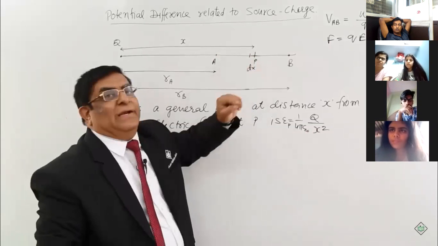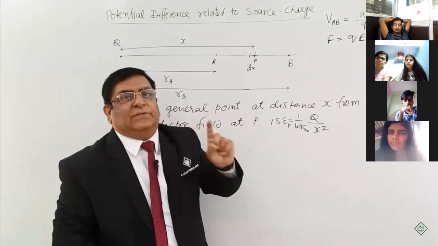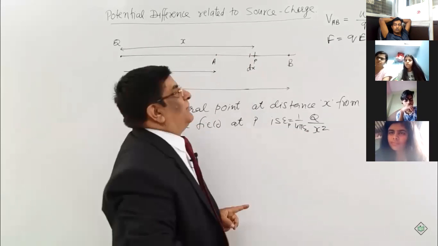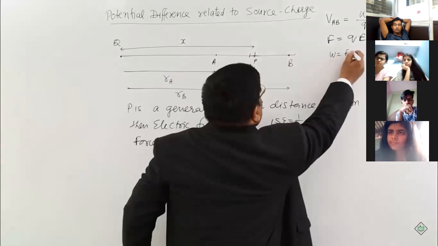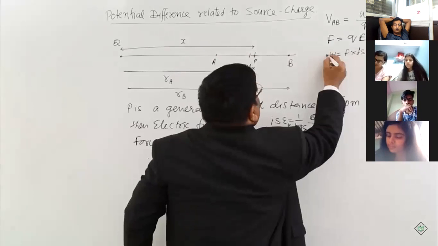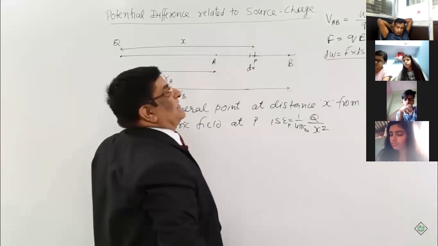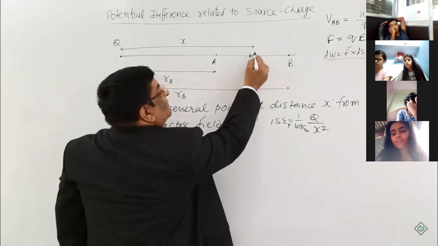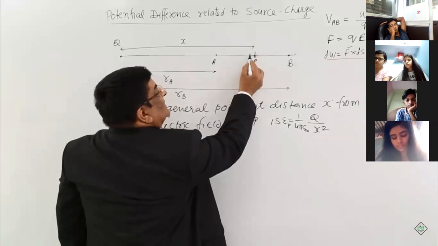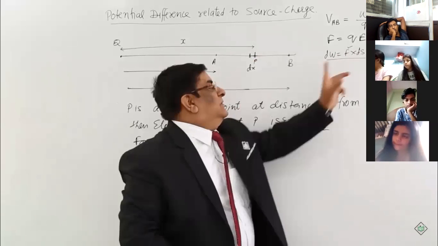And if there is no change in the force, then I am permitted to use the formula that work is equal to force into displacement. This we can use only when the force is not changing on the way. But dx is so small, we assume that force is not changing. So we are allowed to use this formula.